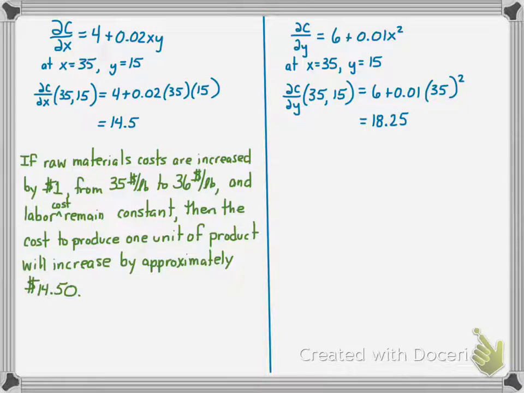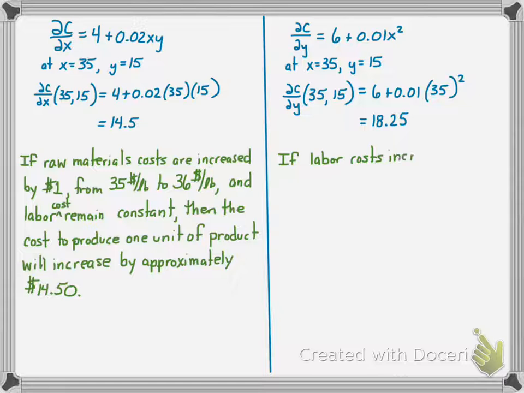Our partial derivative of c with respect to y, well, that's going to tell us about how an increase in the cost of labor is going to increase the cost to produce our product. Okay.